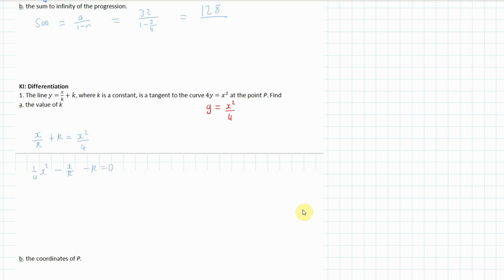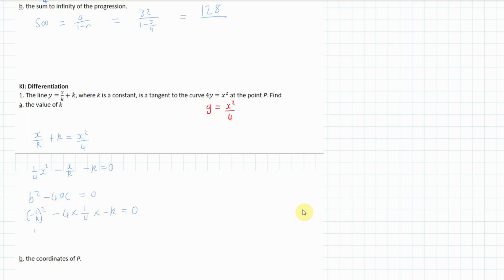And if it's a tangent, we know that b squared minus 4ac equals 0. That means b squared, which is negative 1 over k squared, minus 4 times a, 1/4, times c, negative k, equals 0.